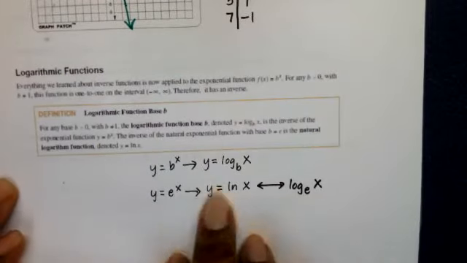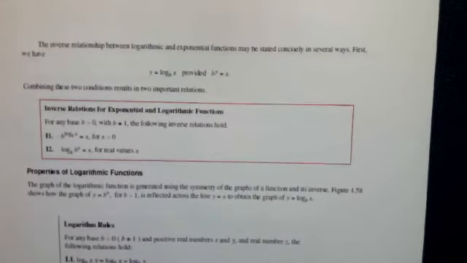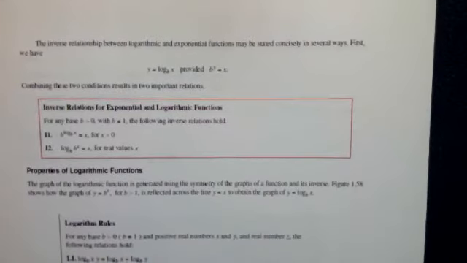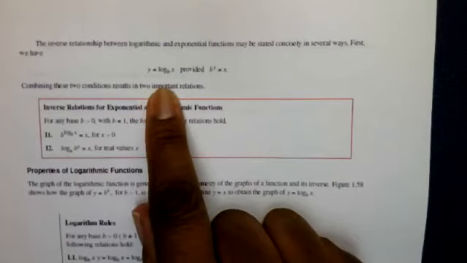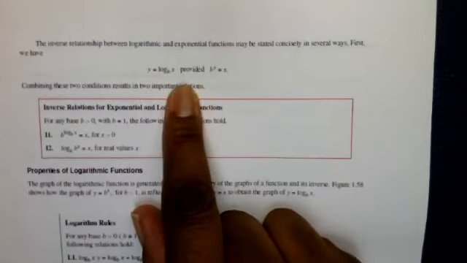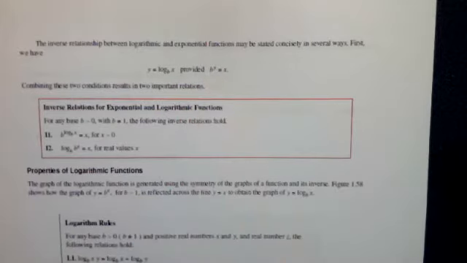On the next page, that inverse relationship between logarithmic and exponential functions may be stated concisely in several ways, like this. y is equal to log to the base b of x, provided that b raised to the y is equal to x.